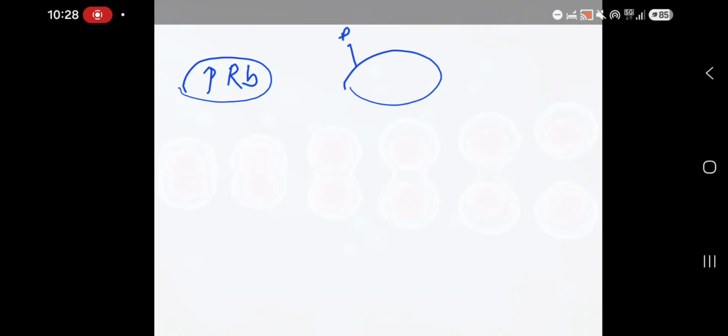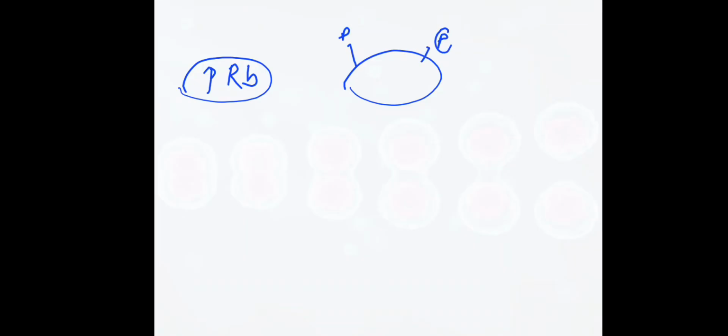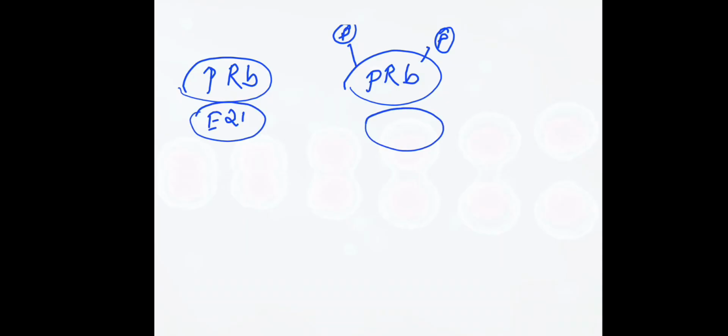Okay, so we know unphosphorylated PRB and hypophosphorylated PRB are active. This binds with E2F. Now we studied this.